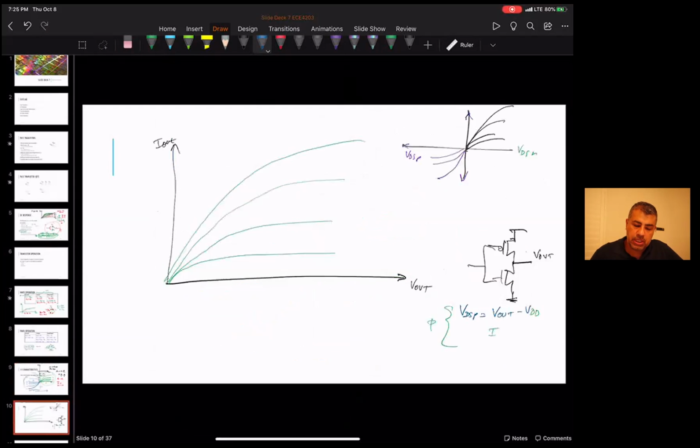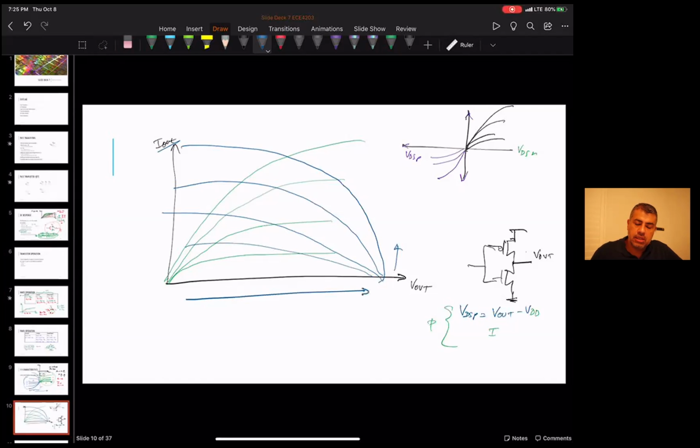So basically the P curves look like this. Again, because of the relationship between I out and IDS-P, the current gets mirrored here, and then we subtract or add VDD to it, this being VDD to 0, to create a load line.